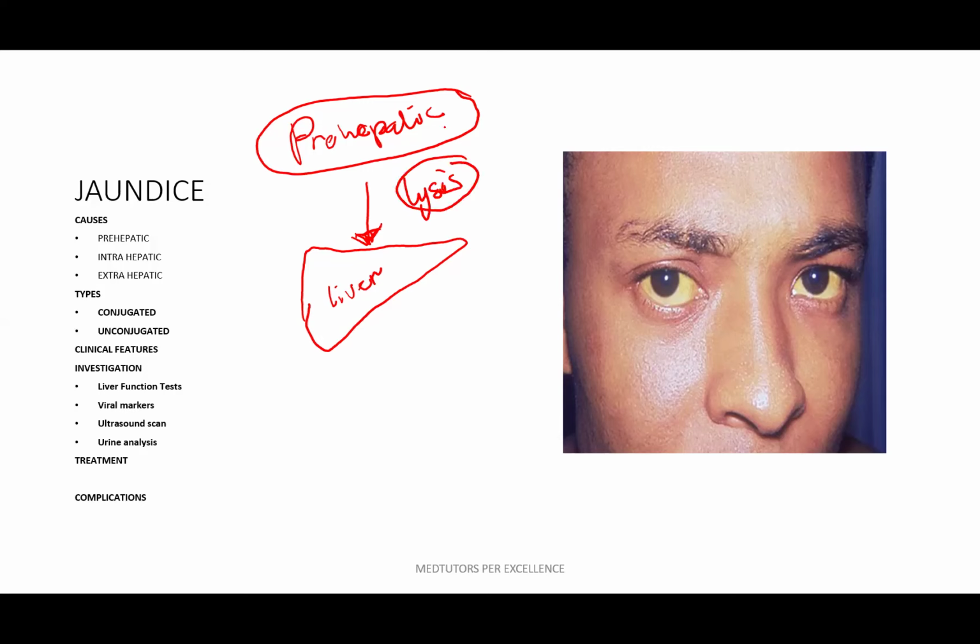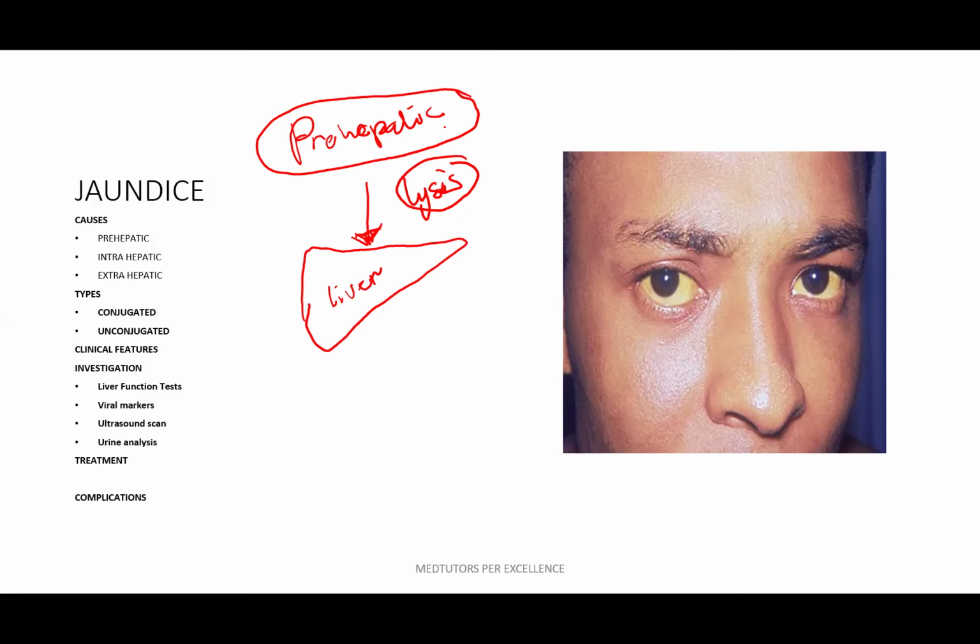You see patients that are sickle cell disease, the ones you call HbSS, they have yellowish discoloration of their eyes, or patients with thalassemias, they have yellowish discoloration of their eyes. So that is a prehepatic jaundice.